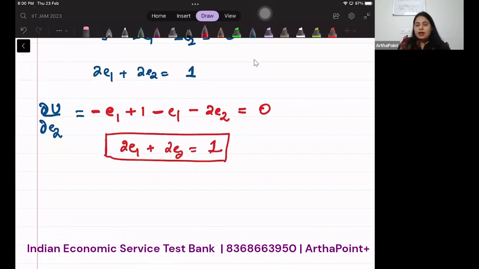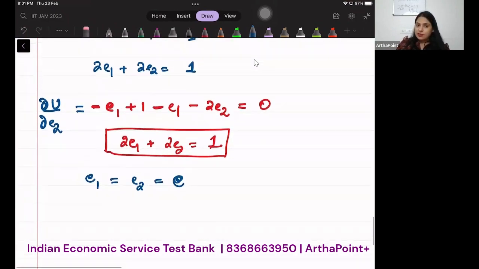Now, see, because they are together, like one party, they will want to put in the same amount of effort. They won't put in different efforts. I don't want you to put in more effort, and you don't want me to put in more effort. So what we will assume here is that E1 is equal to E2 is equal to some E. Both are putting in the same amount of effort.